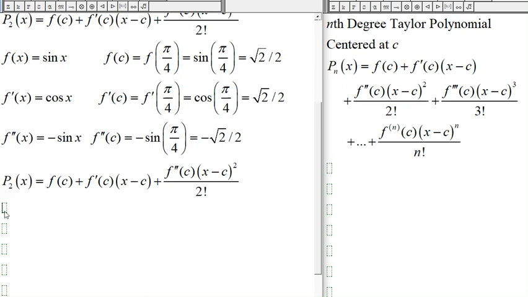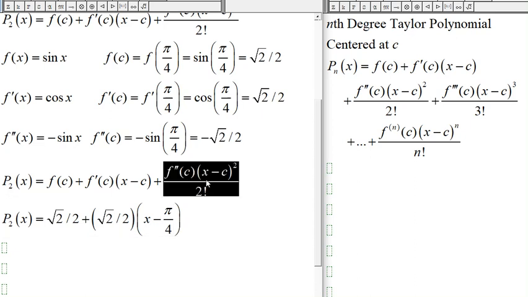So the second degree Taylor polynomial: f of c is the square root of 2 over 2, and then plus f prime of c, or the first derivative at c, so the square root of 2 over 2, times x minus, again c is pi over 4, so we have x minus pi over 4, and then plus this.